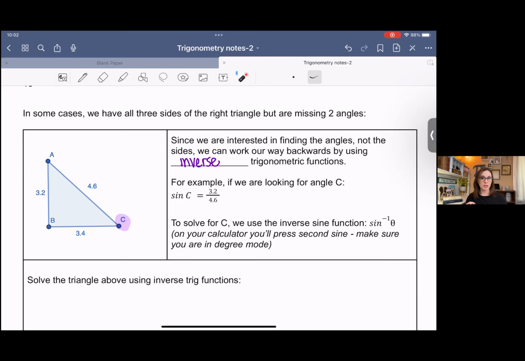We will cover radians in later videos, but for now we're looking at degrees because we're talking about this triangle here. So you would do inverse sine of 3.2 over 4.6, and you would just type it in like that, and you would get an approximated solution for C.